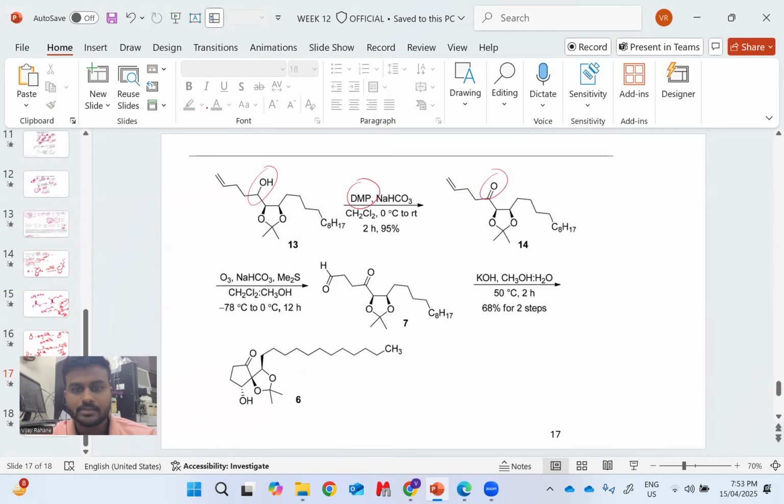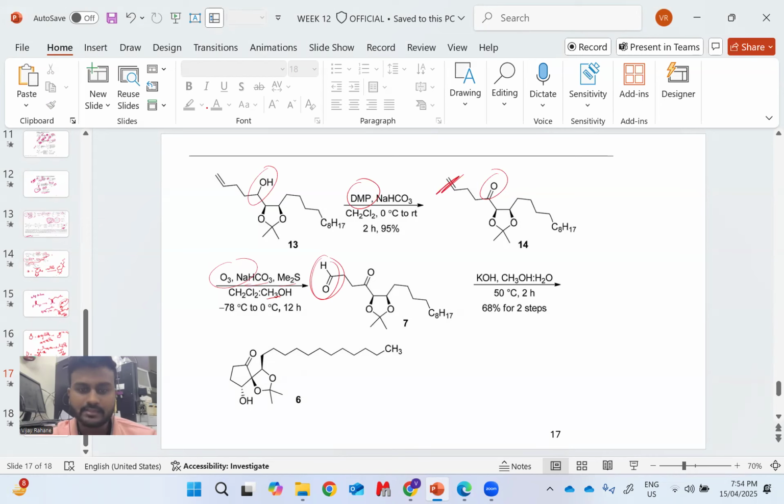So this again is oxidized to the corresponding aldehyde. Further, the ozonolysis, obviously, this entire terminal alkene forms ozonolysis. In this case, you can see they have added the NaHCO3 and DMS and DCM methanol. It stopped at the aldehyde stage.